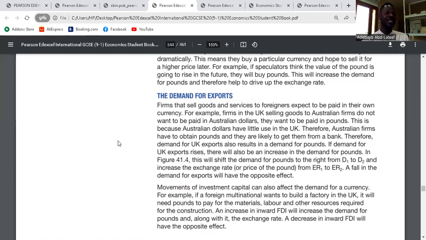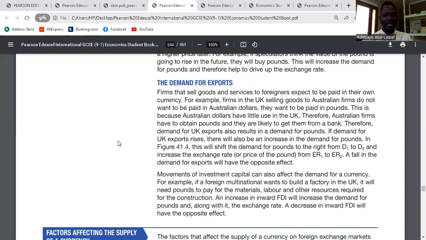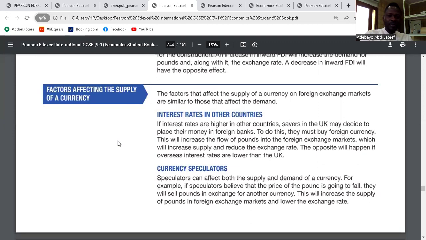As a result of that, the demand for dinars will increase, making the value of the dinars appreciate. Is it clear? That's the demand for export. So an increase in the demand for export will appreciate the country's currency. Clear? That's the third one.